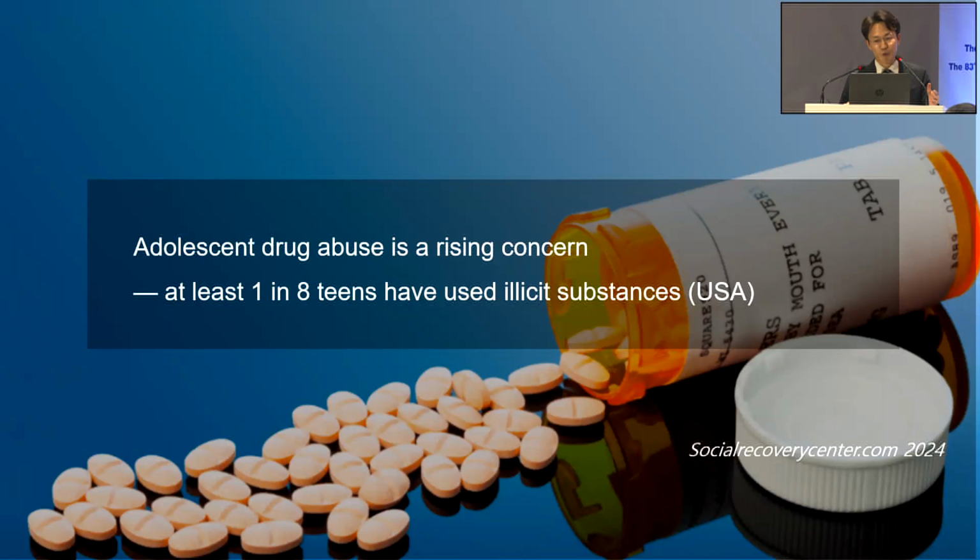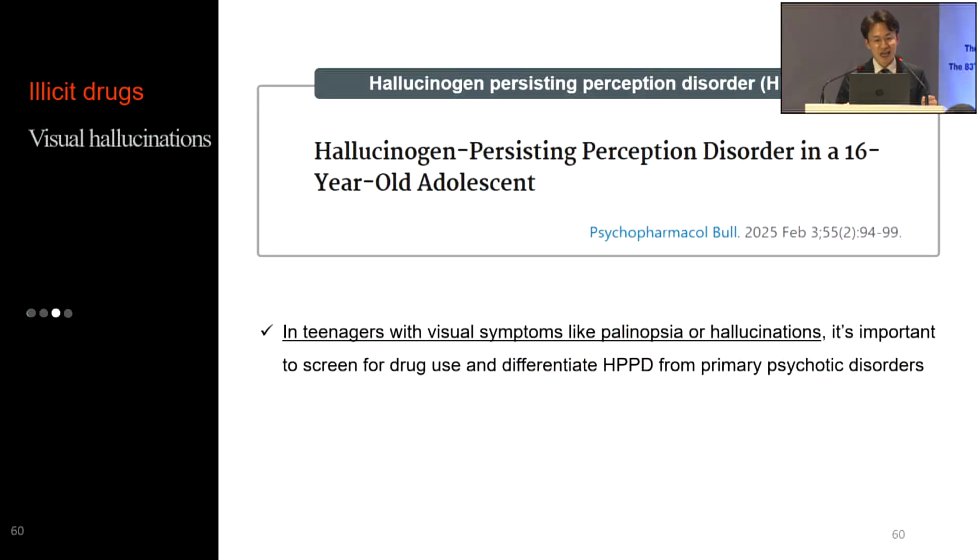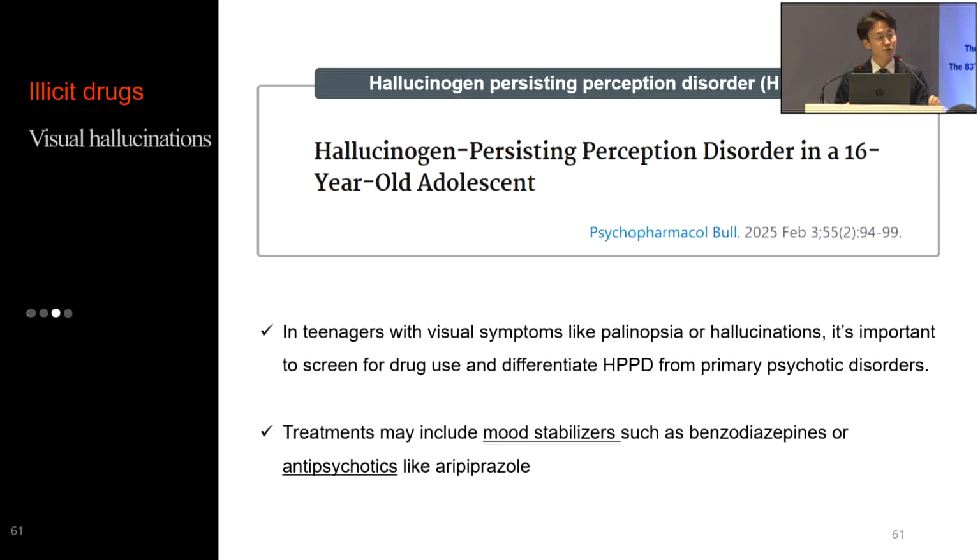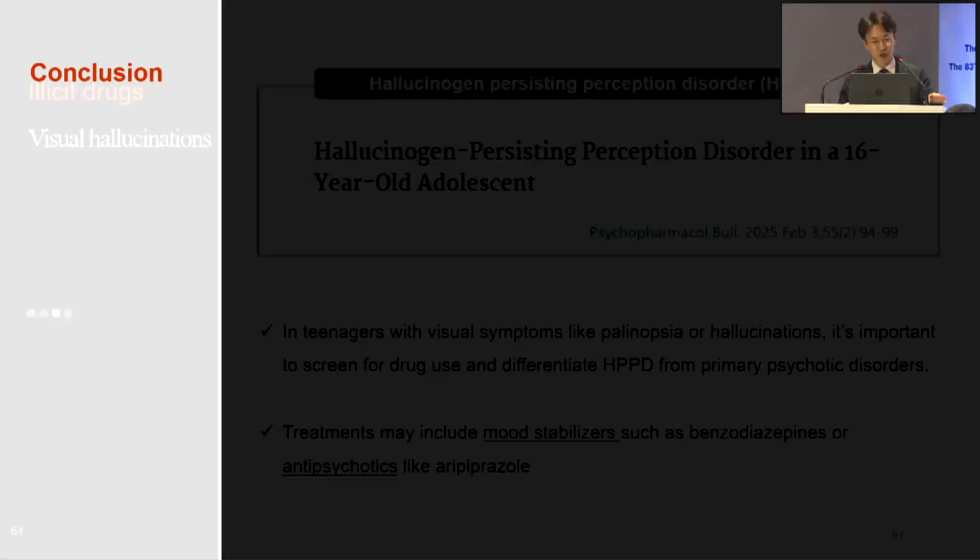At least 1 in 8 teens have used illicit substances in the last year. In teenagers with visual symptoms like palinopsia or hallucination, it is important to screen for drug use and differentiate HPPD from primary psychotic disorders. Treatment may include mood stabilizers such as benzodiazepine or antipsychotic medication like aripiprazole.